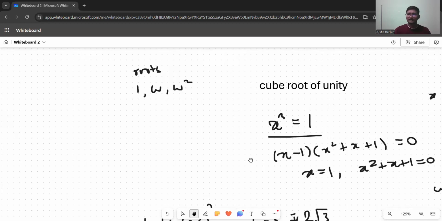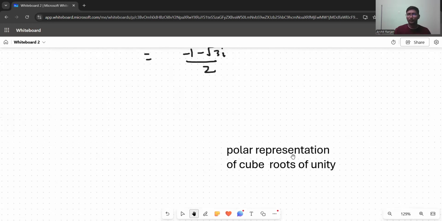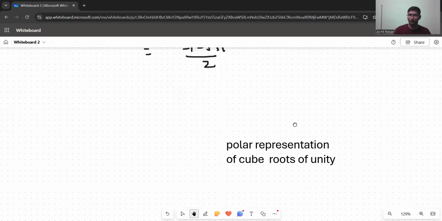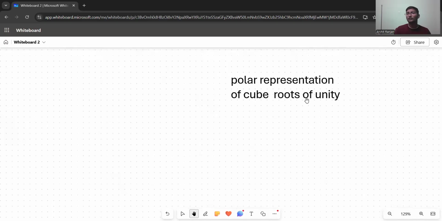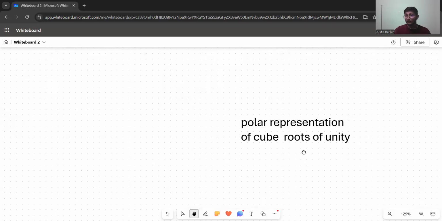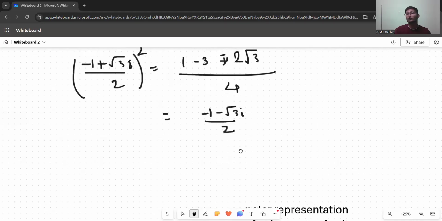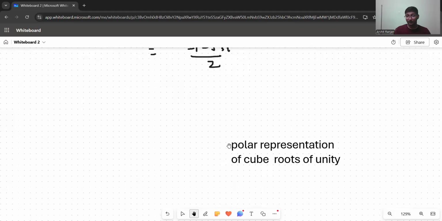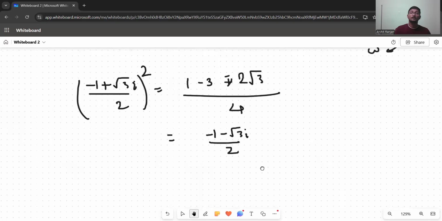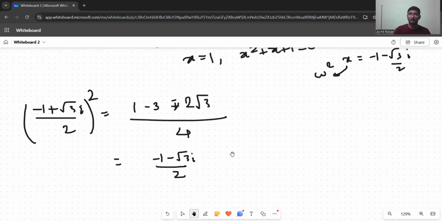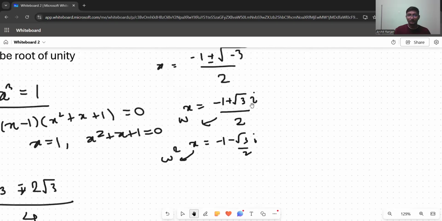Now, obviously, they have some properties, right? Properties of the cube roots of unity. Before we go to properties, we have to see one more thing, because we have to use polar representation. We can break this into two parts: what would be the real and imaginary part?